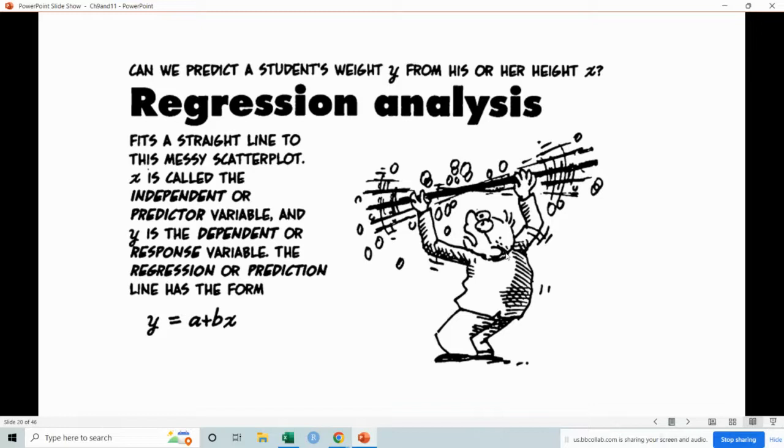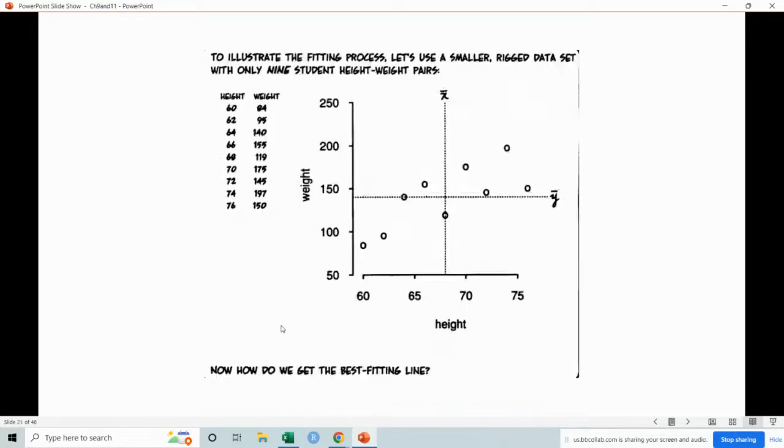The regression or prediction line has the form y equals a plus bx, where, if you remember y equals mx plus b, we use these terms because that's what they do in statistics. b is the slope of that line, a is the y-intercept, and x and y are the two values we put in to develop the line we're going to fit.